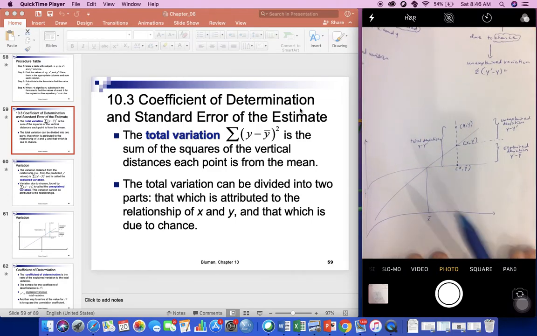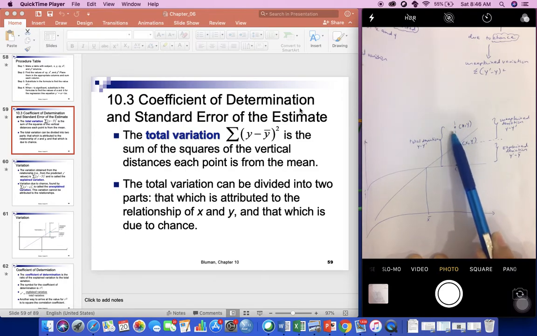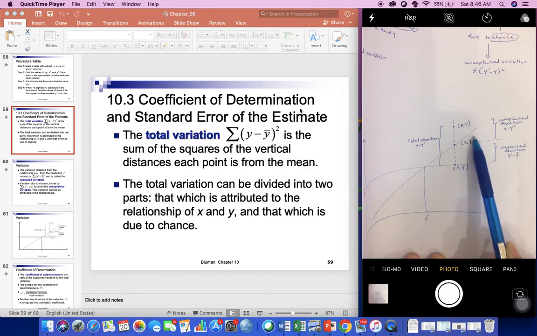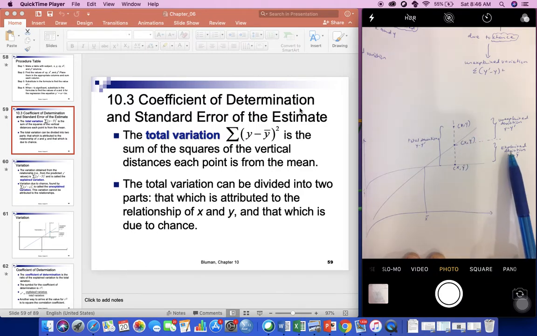And then here we have Y mean, Y predicted, and observed Y. The observed Y with Y predicted is the unexplained deviation, and the predicted Y with the mean Y is the explained deviation. The total deviation is from here until here.